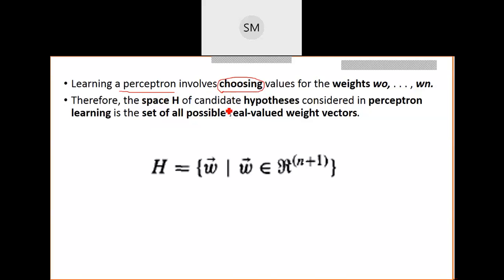That's all. So input will be given by somebody, but the main thing is determining the weights for these inputs x1 to xn. So that is the main challenging task in this module. Okay. So choosing these weights, and the weight values will be W0 to Wn.